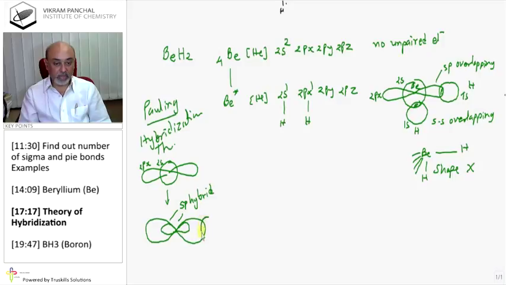And now these sp hybrid orbitals, which are of equal energy, equal shape, and equal size, will overlap equally with two hydrogen and form two covalent bonds. Therefore, two hydrogen remain at equal distance from beryllium. So the hybridization of beryllium over here is sp hybridization.